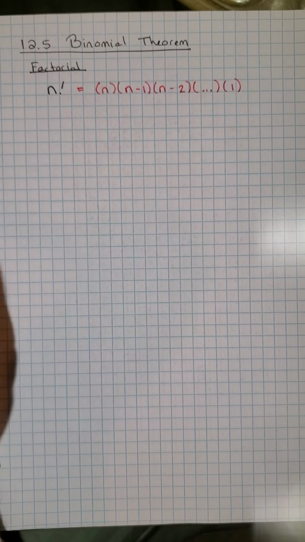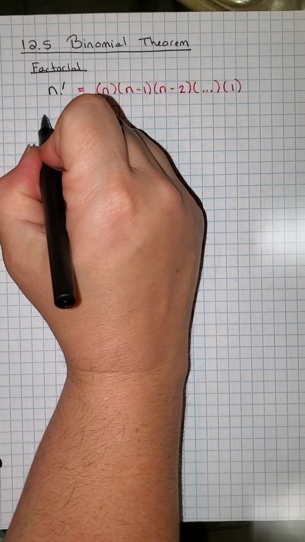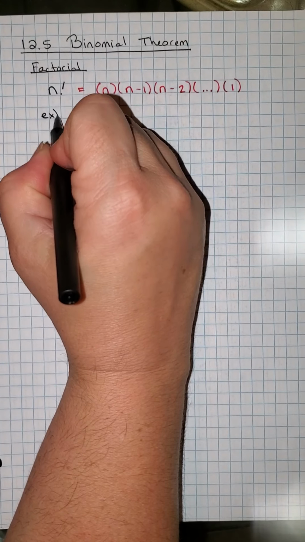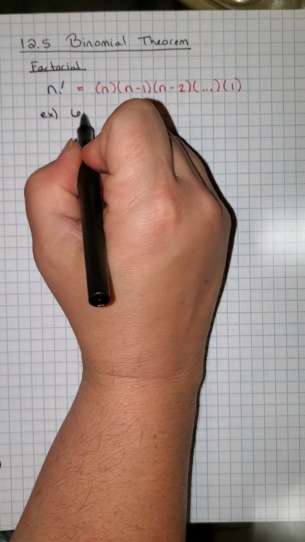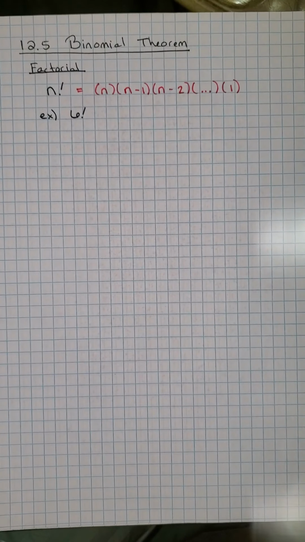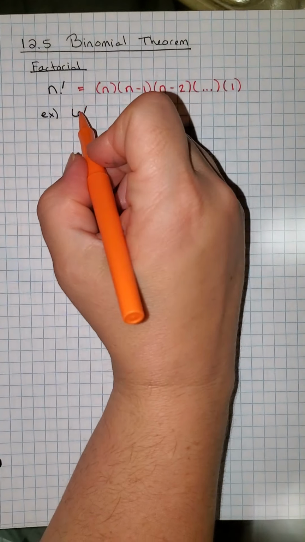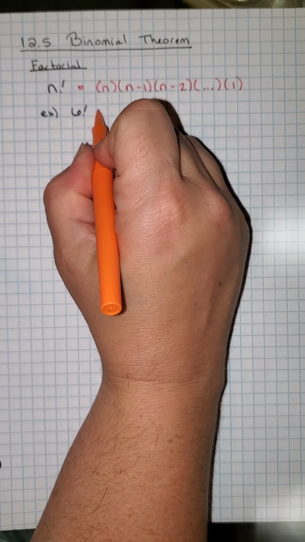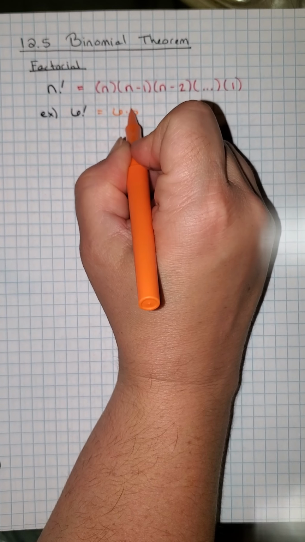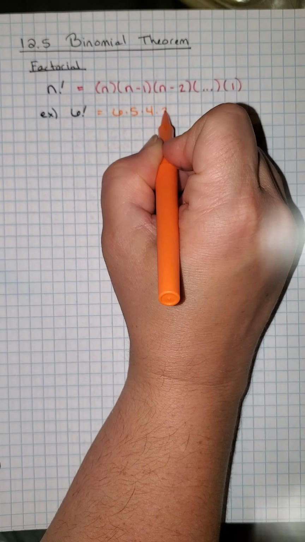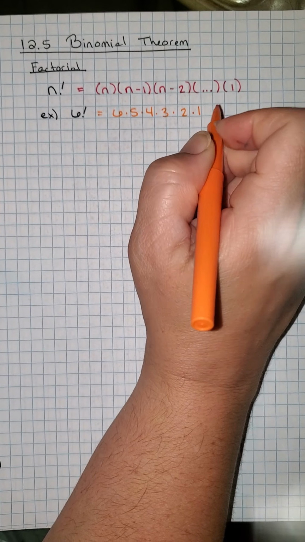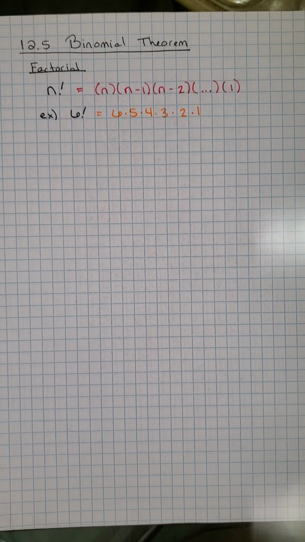So for example, let's say we had 6 factorial. You could do 6, 5, 4, 3, 2, 1. That's for real how you do it.